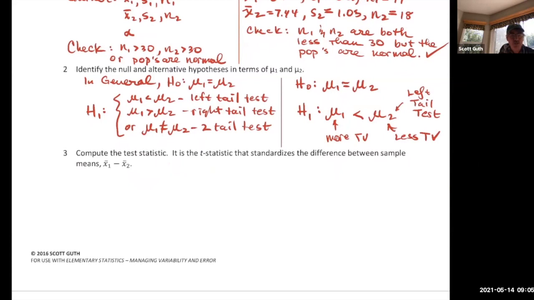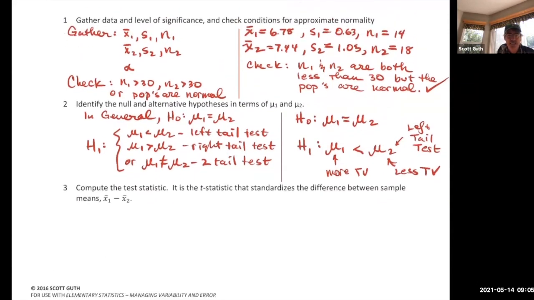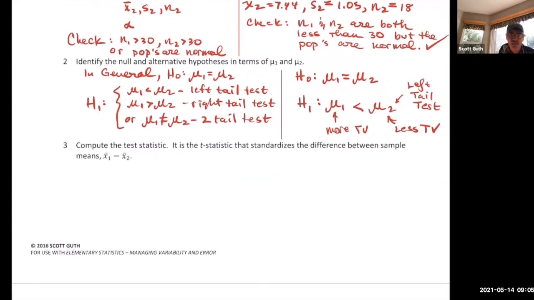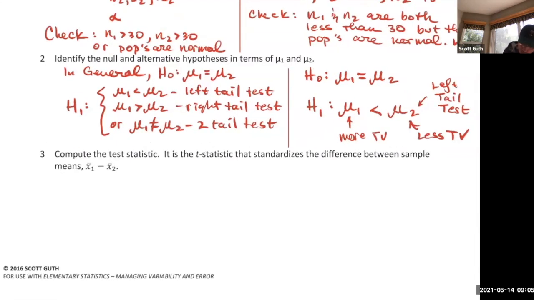Thank you for that. All right, so next we have to compute our test statistic. So as we said, this is a T statistic because you don't have the two population standard deviations and you're using sample standard deviations, which causes more variability in the possible outcomes, just more uncertainty, a different probability distribution. So let's go ahead and give the formula for our test stat.